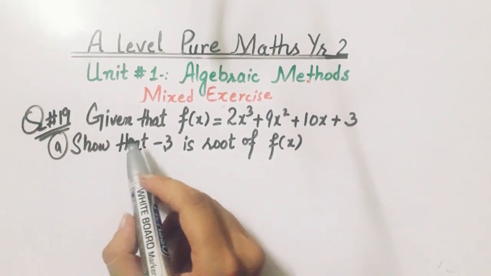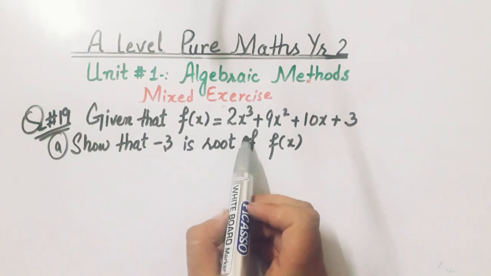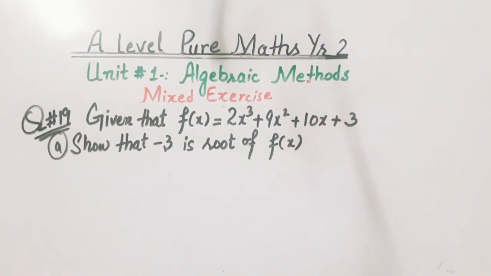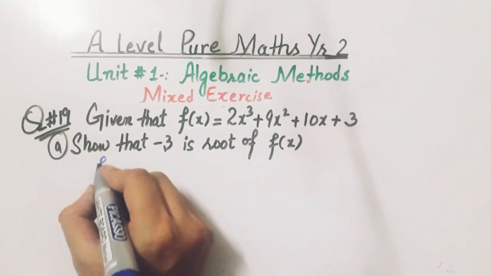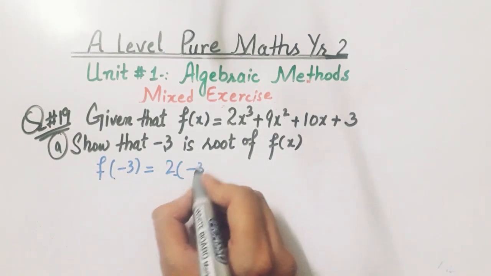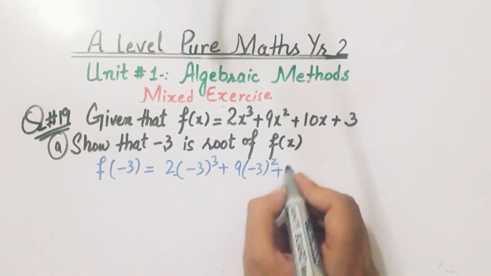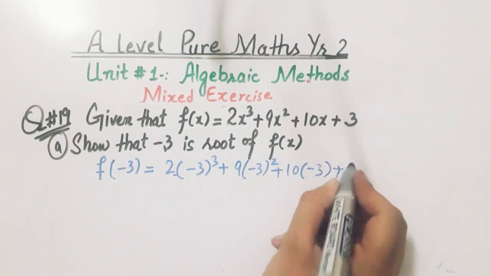Now question number 19 is given that f of x equals 2x cube plus 9x square plus 10x plus 3. You have to show that minus 3 is the root of f of x. It means you will put x equals minus 3. Then 2 into minus 3 cube plus 9 into minus 3 square plus 10 into minus 3 plus 3.